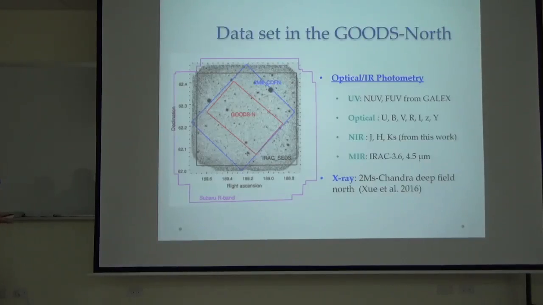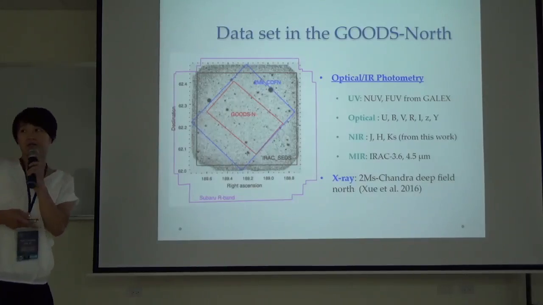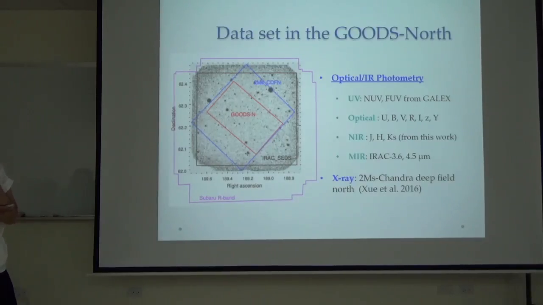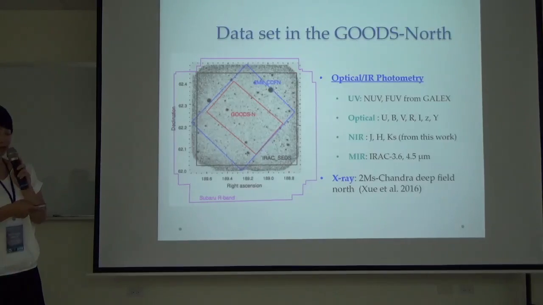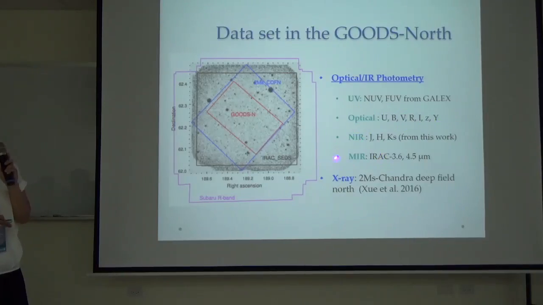Okay, so in addition to the near-infrared, we also collected data from the literature. First, we collected UV data from the GALEX telescope, and we also have optical data from Capak 2004, and we have IRAC data from the SEDS survey. We combine this data with the X-ray catalog, which is the newly released catalog by Xue 2016.